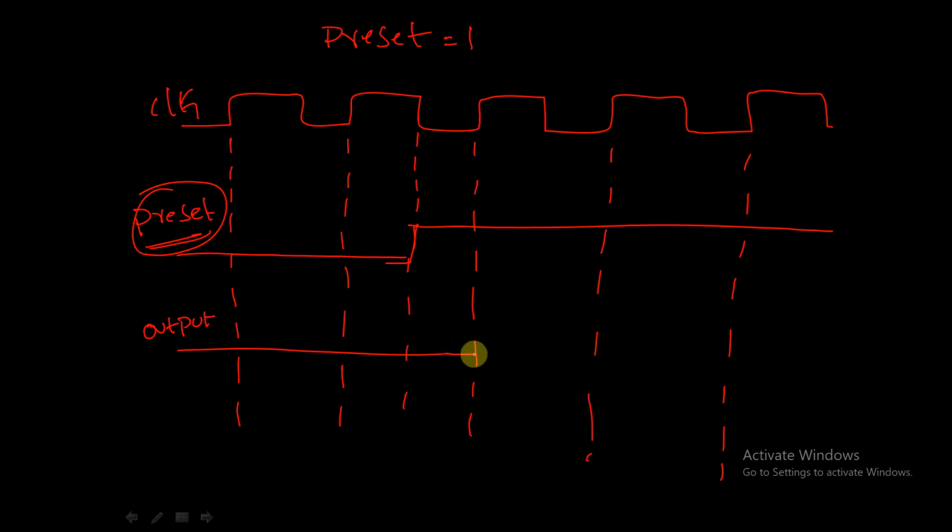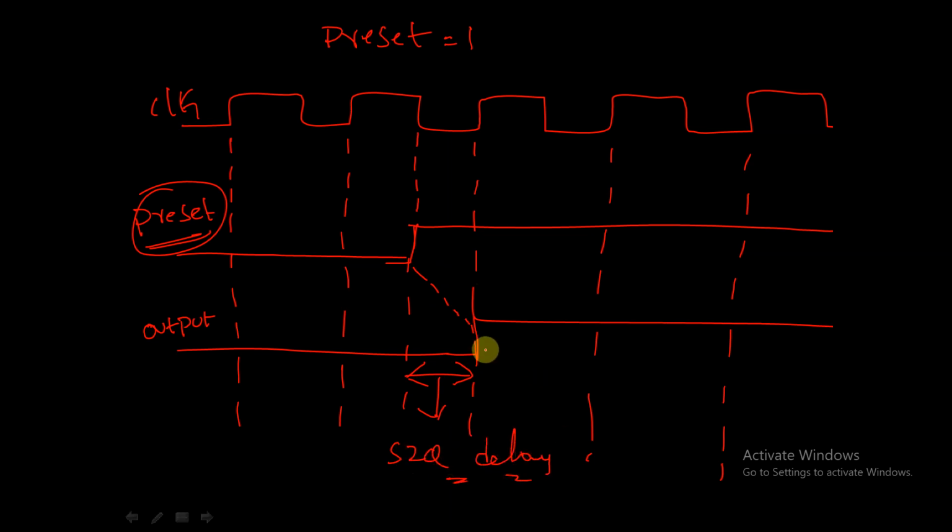This time is called S2Q delay. The time taken by the flip-flop to come to set state after application of the asynchronous preset input.